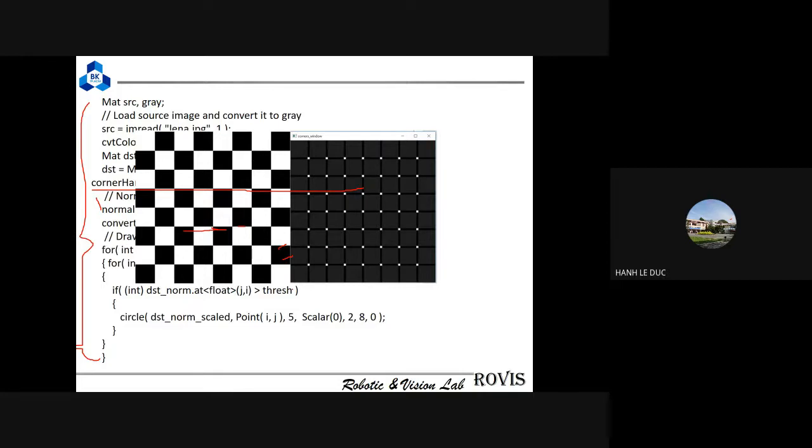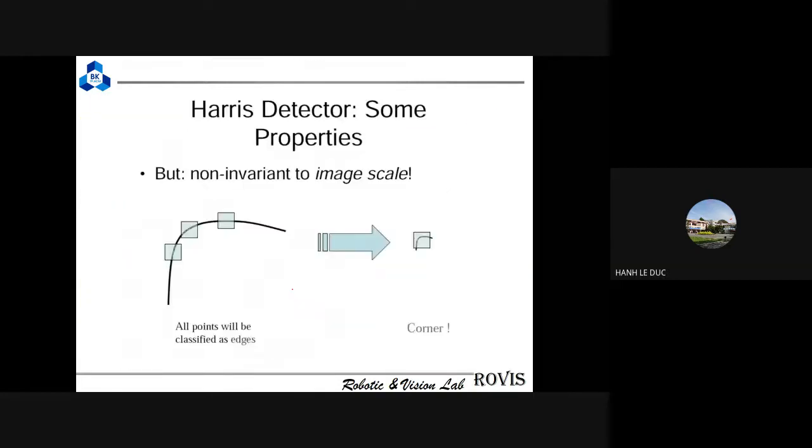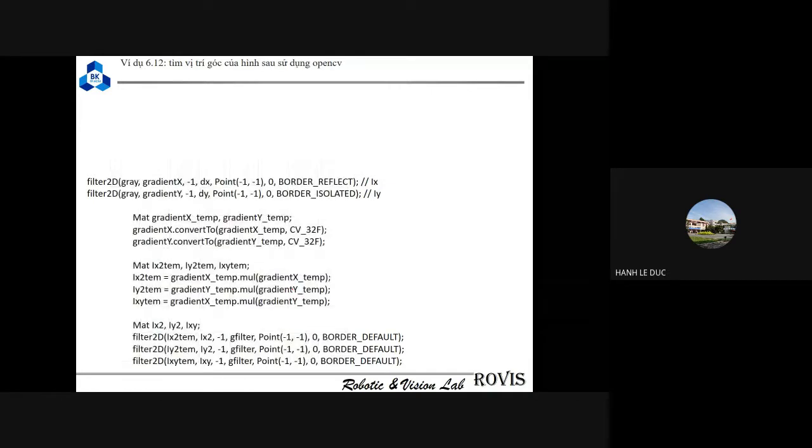Okay, and this other one is programmed without using the OpenCV function. So what do we do? First, we have the image, and then we apply the Sobel filter, X and Y here.